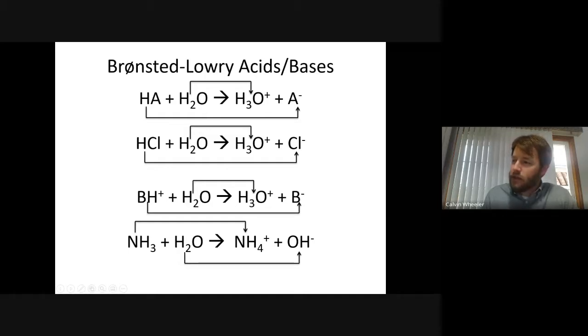And then this generic acid, HA, is obviously not an element, it's just a generic formula. From the reactant side to the product side, it loses the hydrogen. Where did it lose it to? It gave it away to the water. So this is the hydrogen ion donor, the acid, and water is the hydrogen ion acceptor, the base. So we have an acid and a base reacting to form hydronium and another, we call it a conjugate.